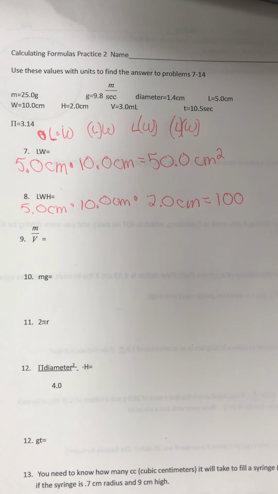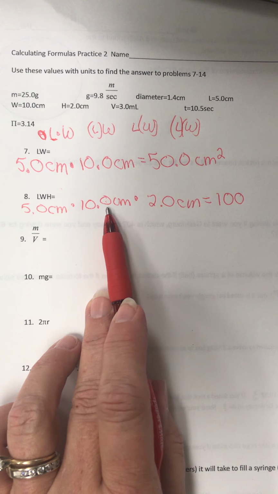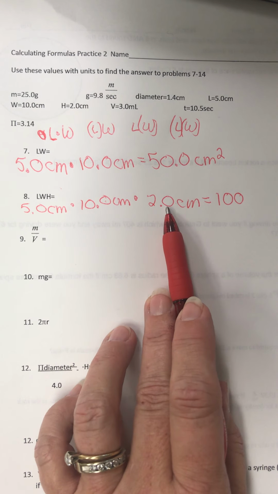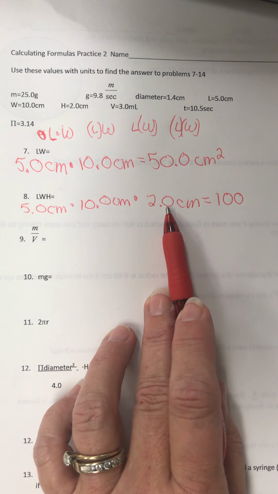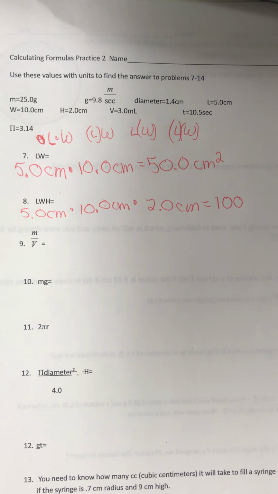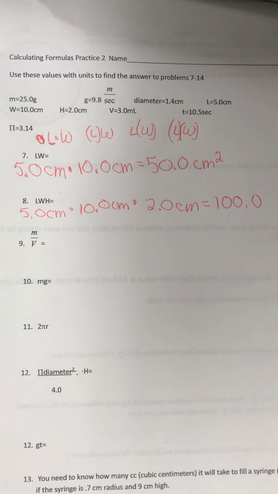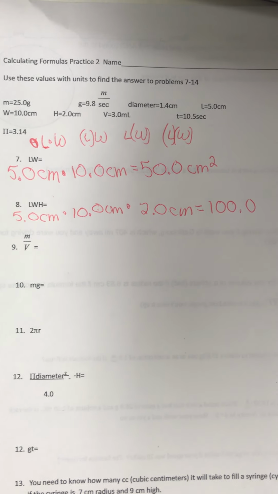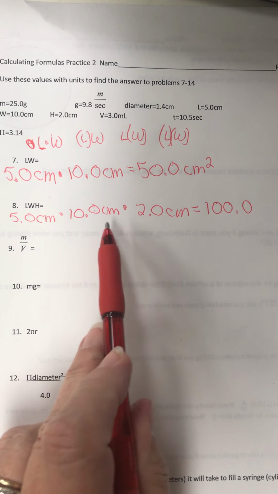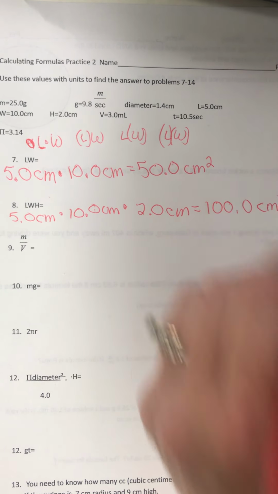I wanted to point out that this number has 1 decimal place, this number has 1 decimal place, this number too, and they're all measurements. So the least number of decimal places in your problem is 1, so your answer needs 1. Then you need to put a unit on it. Well, you took centimeters times centimeters times centimeters, so you get centimeters cubed, or a little 3.